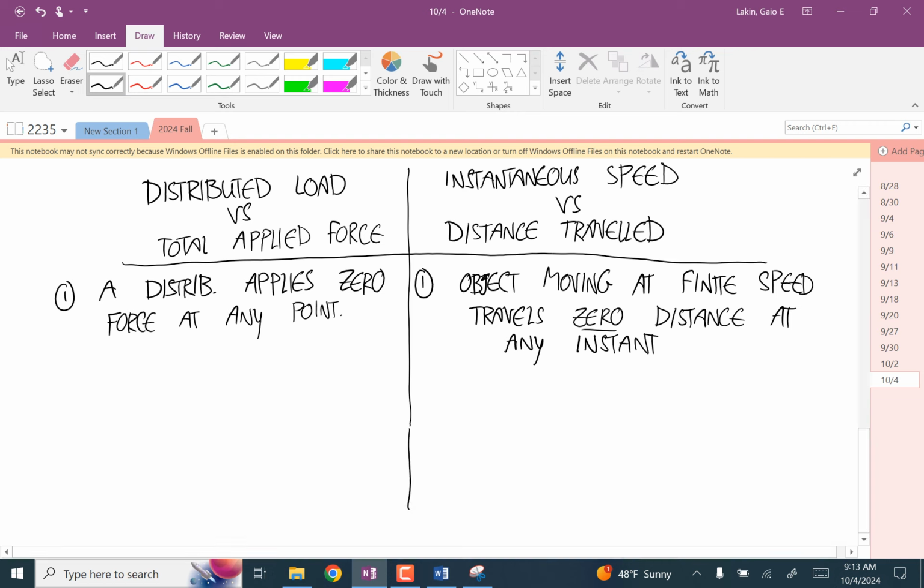Okay. And connected to that, if something's going at a finite speed and you want to travel a finite distance, it has to go over some elapsed time. Okay, so to travel a finite distance, you need to carry a speed over a finite time interval.